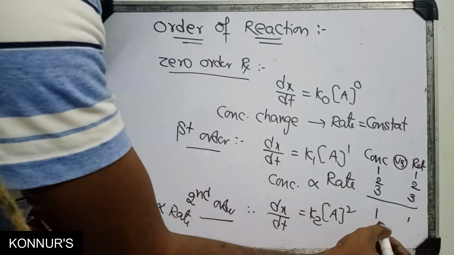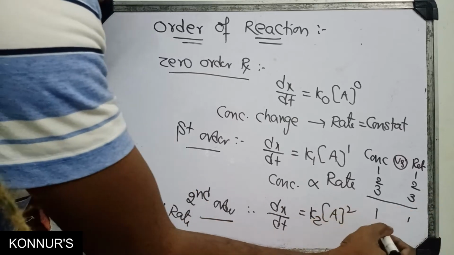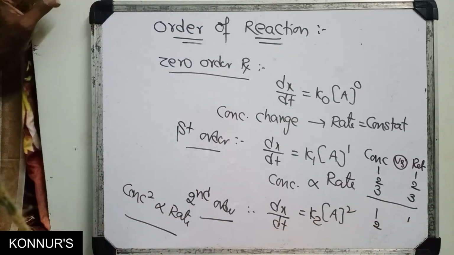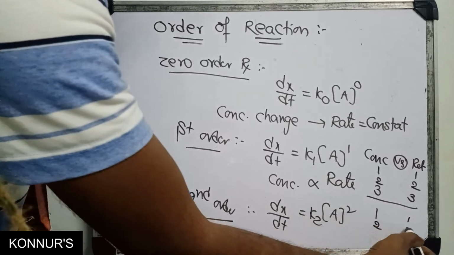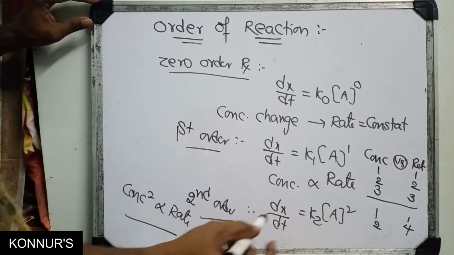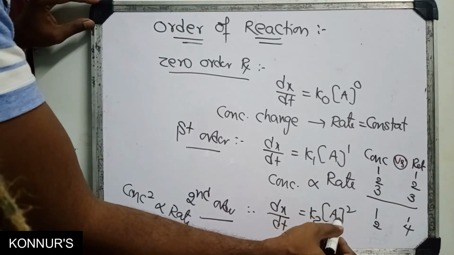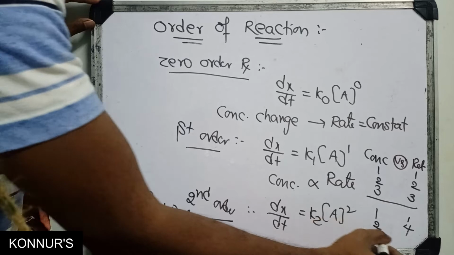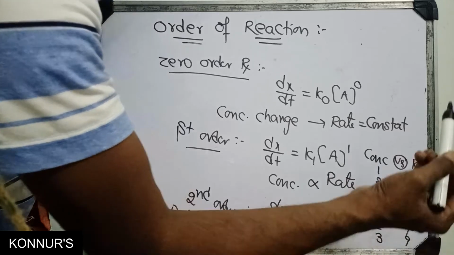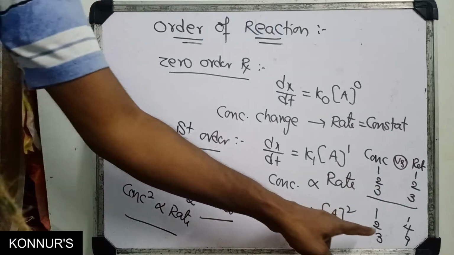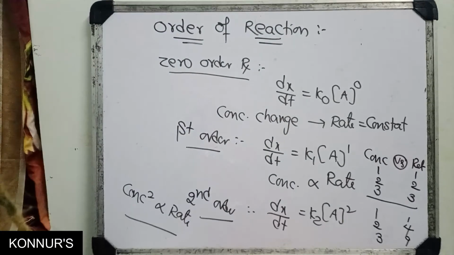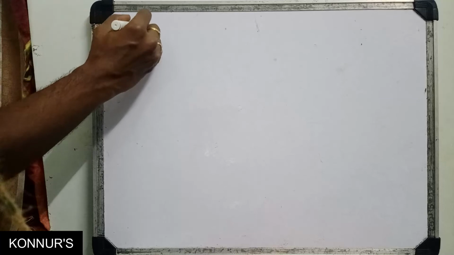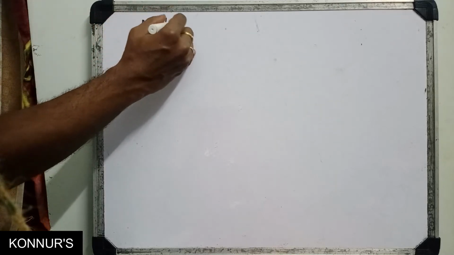Concentration 2 times means 2 squared, 4 times rate increase. Concentration 3 times, 3 squared, so 9 times. Based on this logic, they will also ask which order it is. So you must concentrate. Next, molecularity.